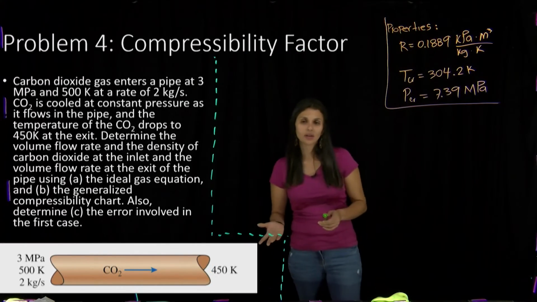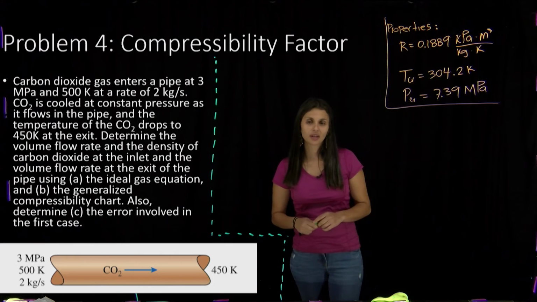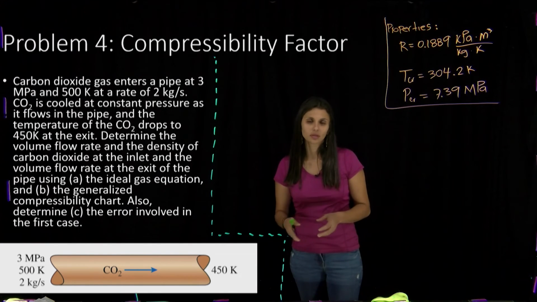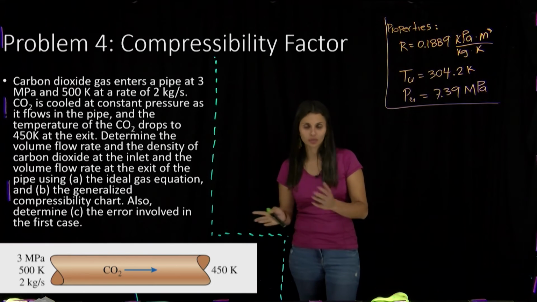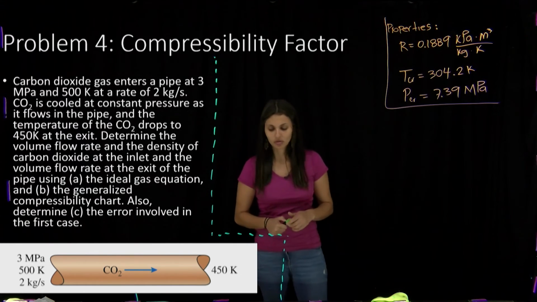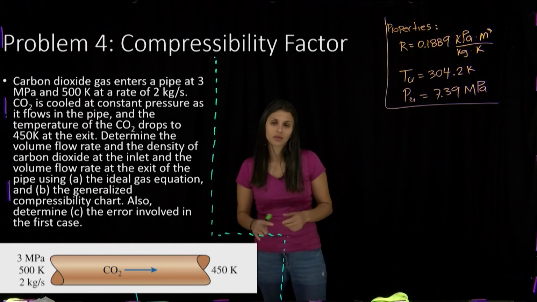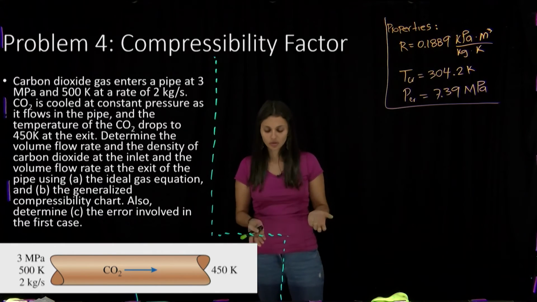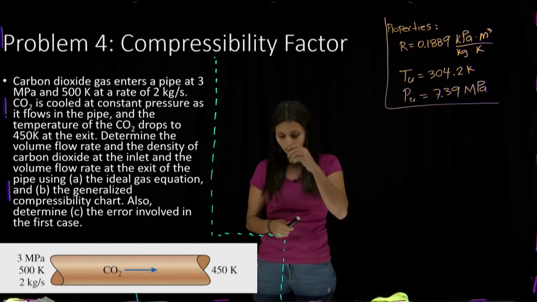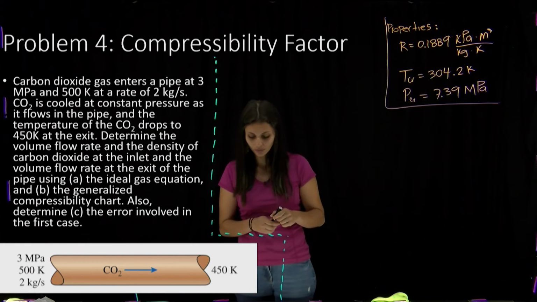Okay, so part B of this problem has to use the generalized compressibility chart to determine the same variables that we determined using the ideal gas equation. So for that, the engineering equation solver uses a function for the compressibility factor. You can just look at the chart in the book.